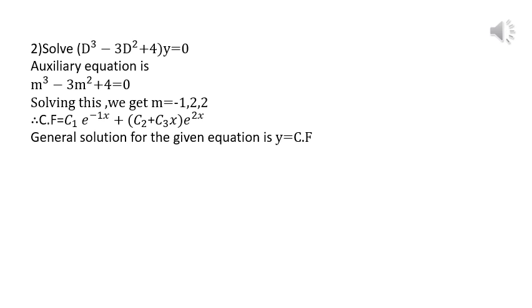In this method, first row, write the coefficients in order. That means first coefficient of d cube, next coefficient of d square, next coefficient of d, and then constant term.